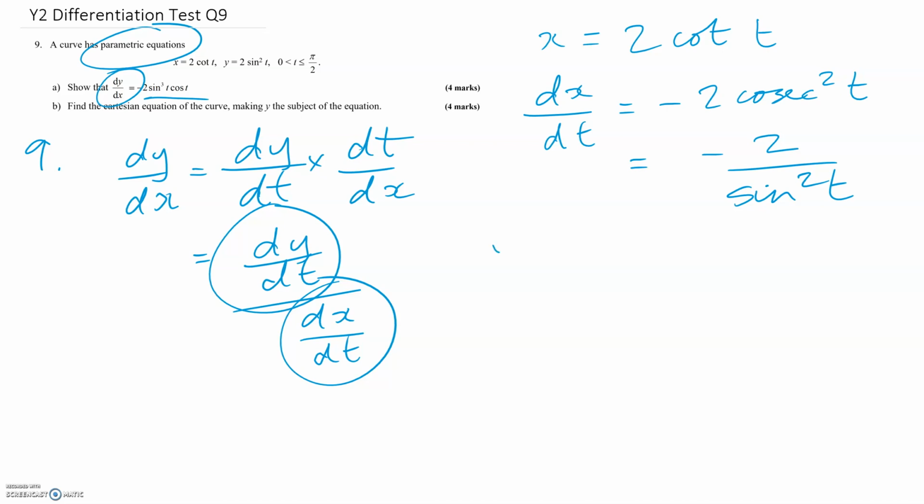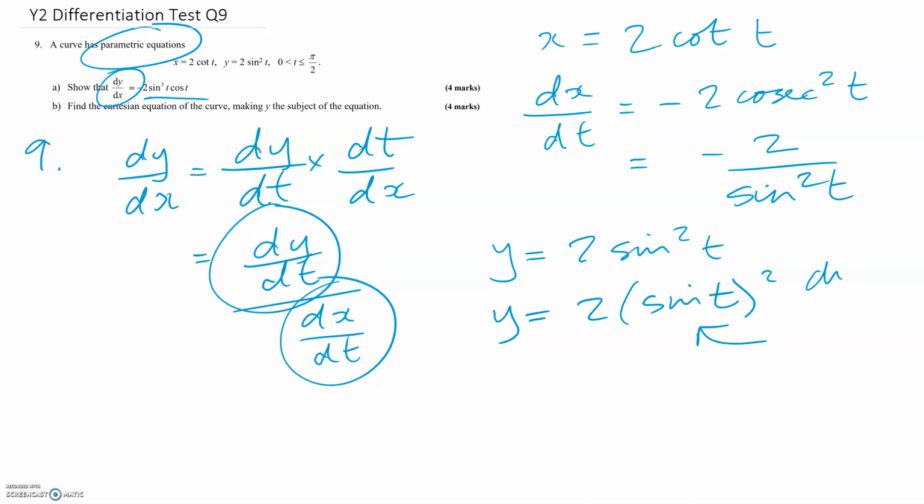We now need to find dy by dt. So y is 2 sine squared t. Now you could probably use the product rule, but I'm a big fan of the chain rule, so I'd just think about writing it like this, and then use the chain rule with the substitution u equals sine t.